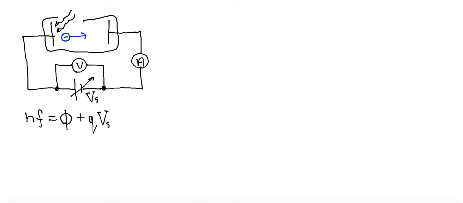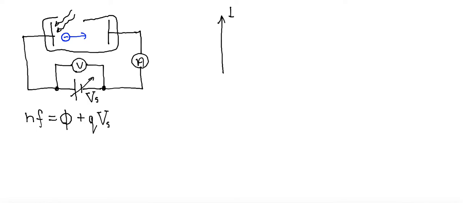If the ammeter reaches 0, then this equation works. So the amount of volts needed to stop an electron in this circuit is linked with the frequency of light by this equation.